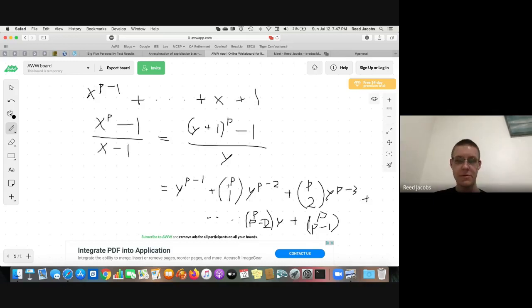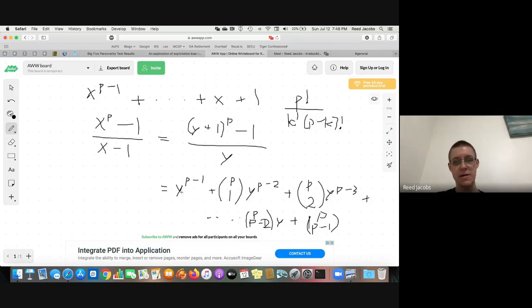So the binomial coefficient, p choose k, is p factorial over k factorial times p minus k factorial. And if p minus k and k are both smaller than p, since p is prime, this quotient will be divisible by p.